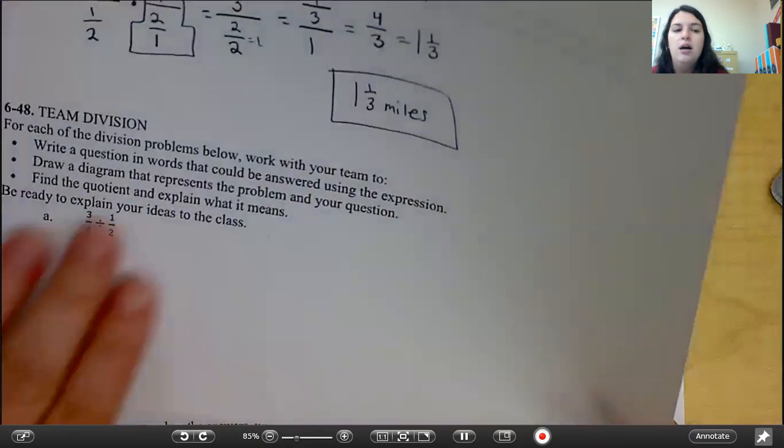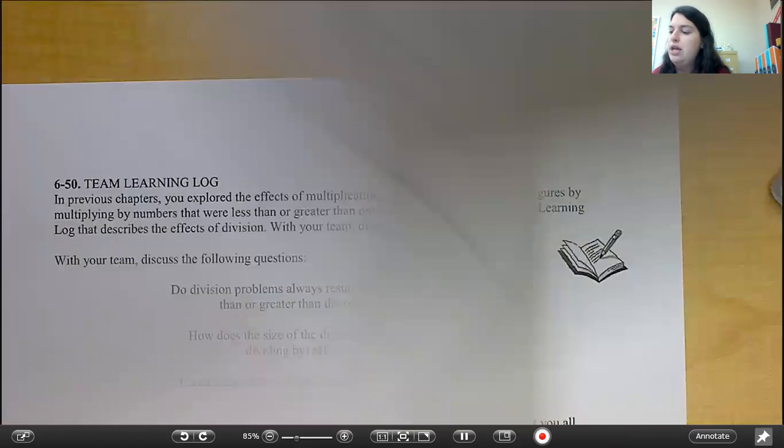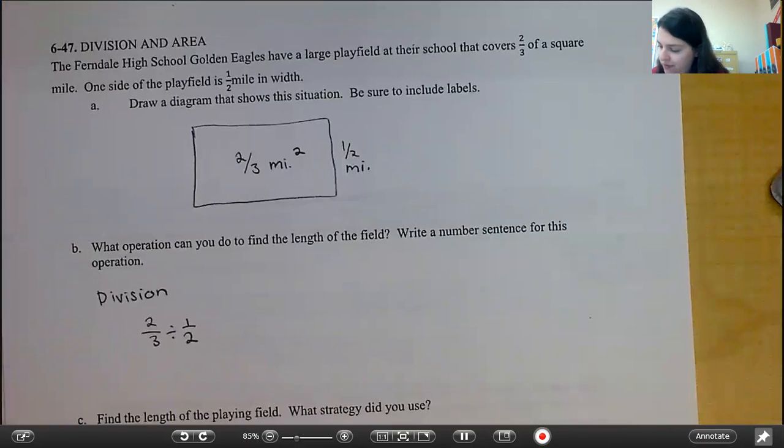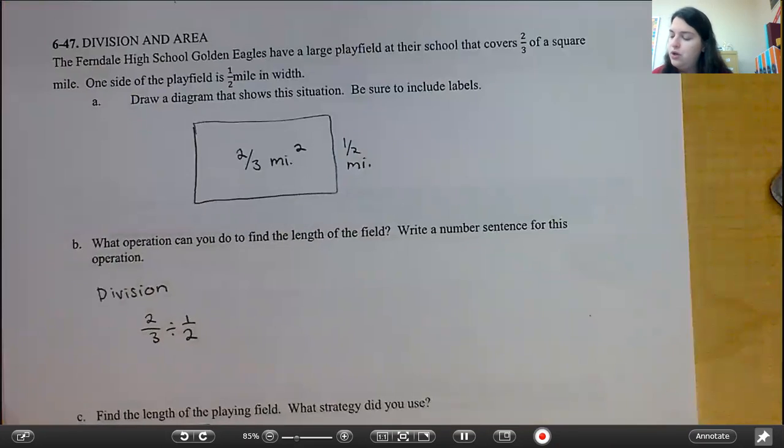If you get them right, I might throw some extra credit your way. You only have to solve them doing division. You don't have to do the question or the diagram. You just need to find the answer. So 648, A and B, that is your final problem for today. If you have any questions, please email me.